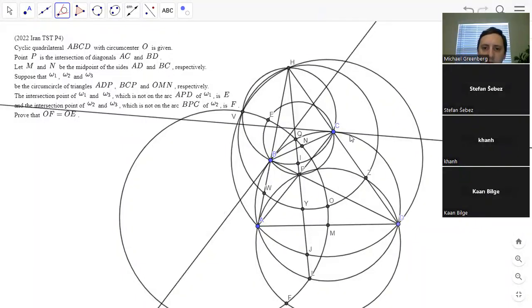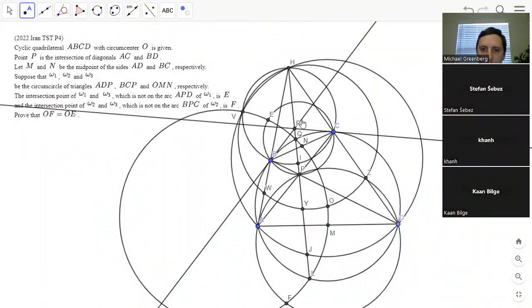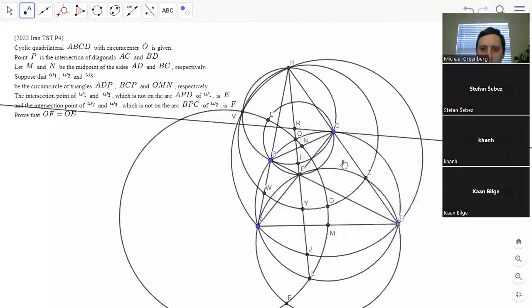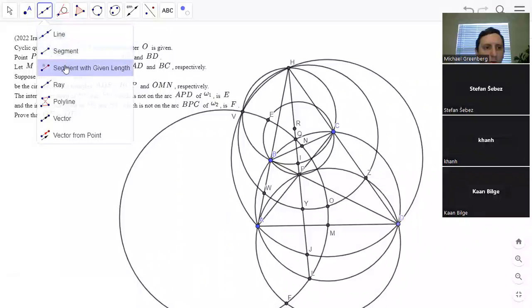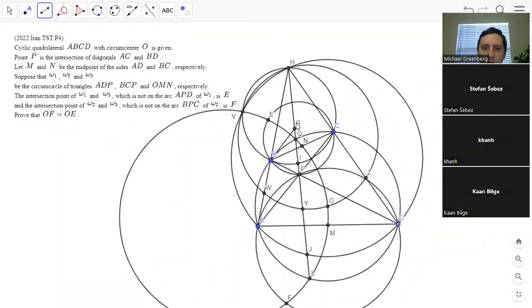And now probably the heaviest part of this inversion is that those two concur on HP, and that is simple actually by Pascal's theorem. So I will write the proper Pascal's theorem for that.